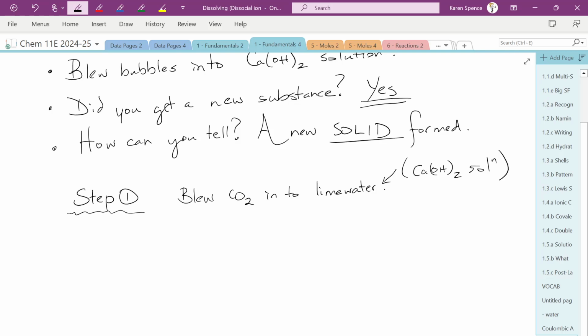Okay. So we take CO2 and we are putting it into water. And if we were to cram all of those atoms together into one formula, what would we get? Take all of those atoms and smush them together.